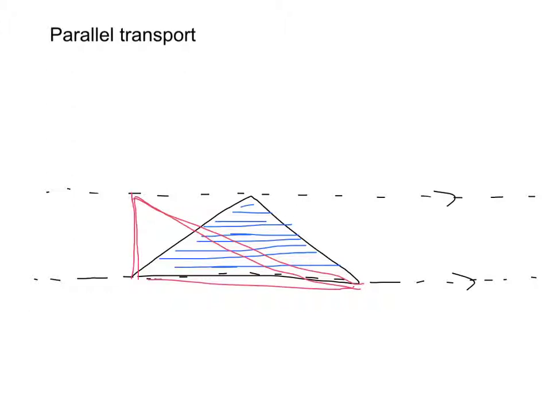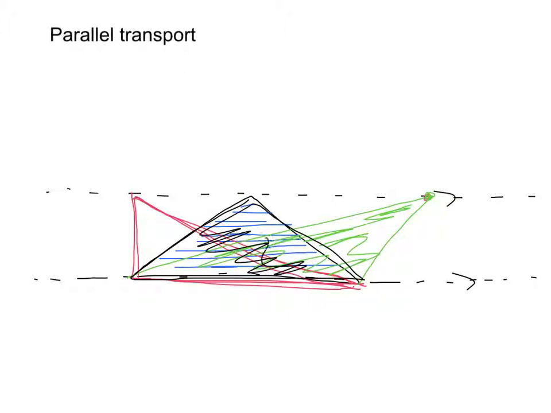So every triangle I draw that has this base and has a point on the top over here, maybe I'll pick a different color. So let me pick this point over here. If I go from here to there, this green triangle has the same area as this black triangle here, which has the same area as the red triangle.